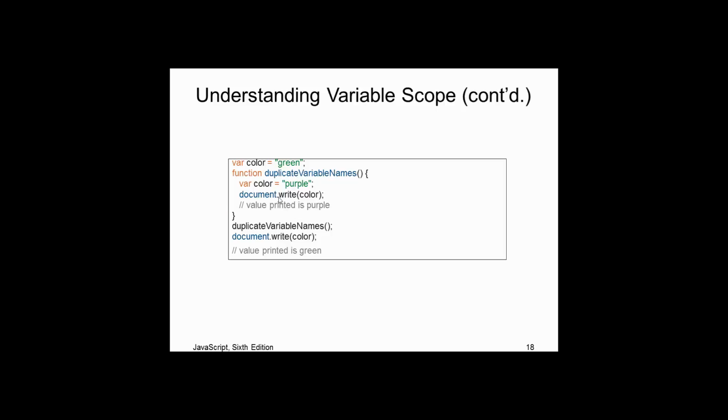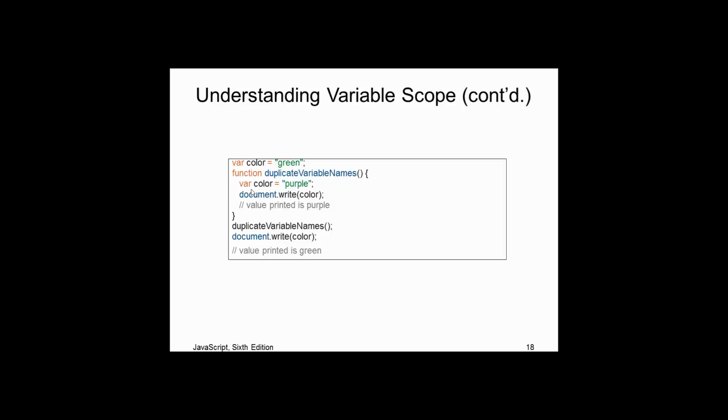This is kind of interesting. I won't type this one out since it's already on the screen. This is a demonstration of global variables and local variables. If we follow this script, what type of variable is this top one? It's global. And then this is a function declaration. We declare a function.